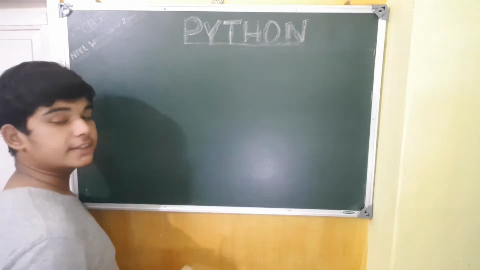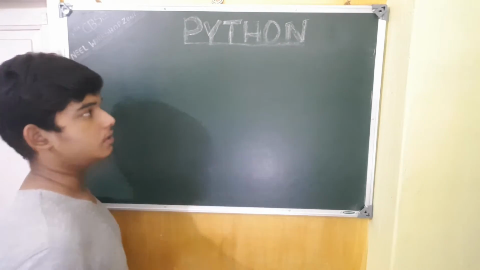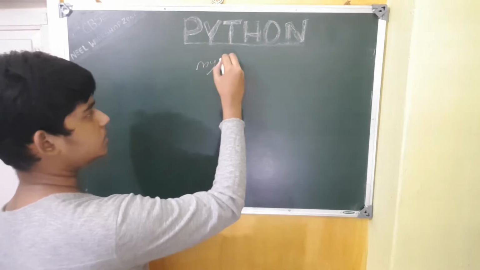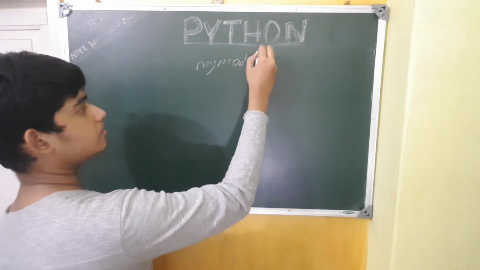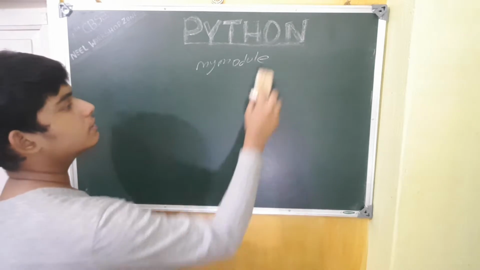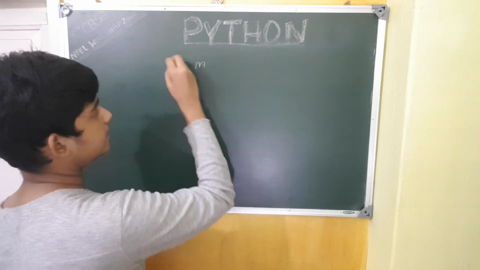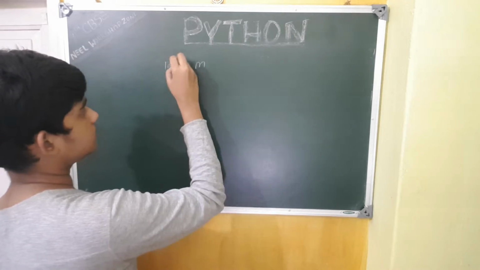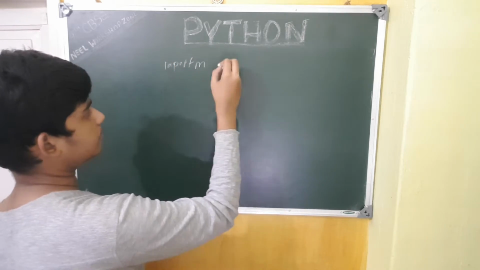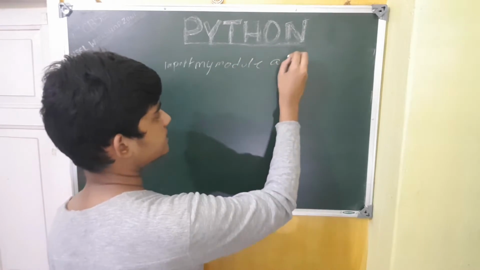Now let's say that you have written the module and you want to change the name of the module. Imagine your module name is my module, and you want to change it to Neel, for example. The way you do it is by using the as keyword. You can write something like import my module as Neel.